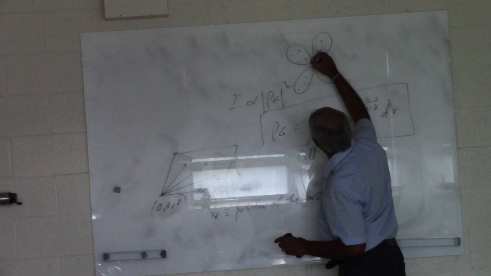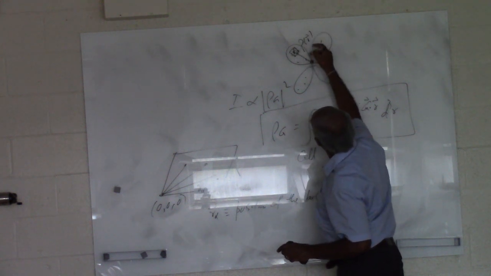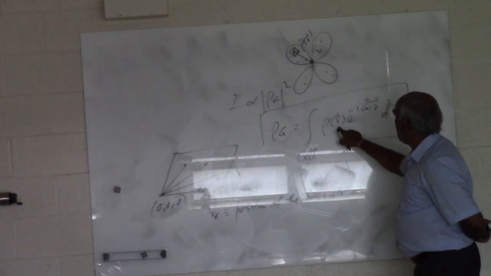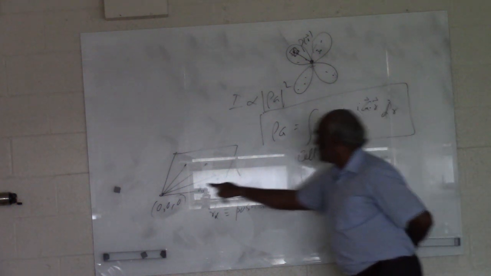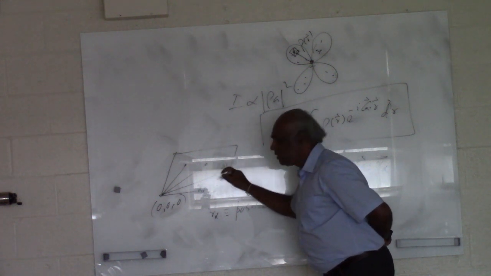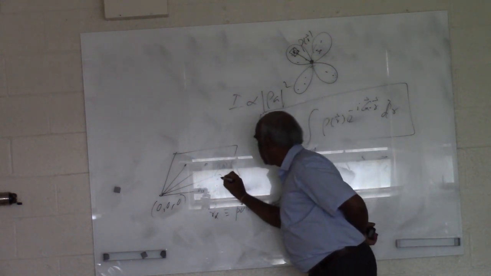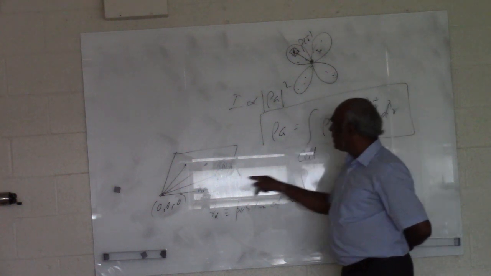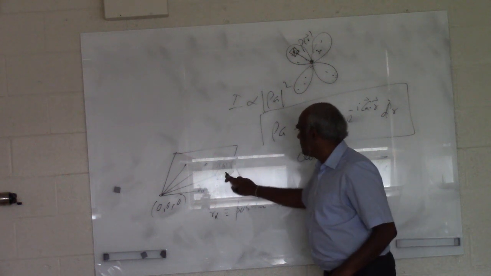So rho r is something at this point r. For that reason I will write this R as R alpha plus R prime. R alpha is from the origin to the atom, and the electron has some charge at this part, which I write as R prime. If it's a point charge, R prime is 0, right?